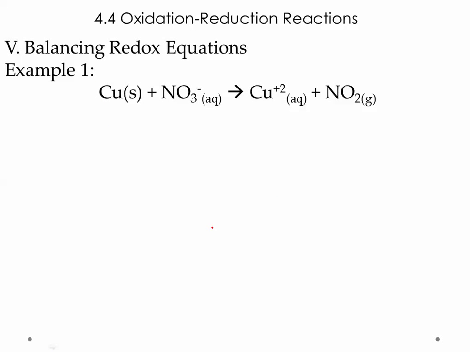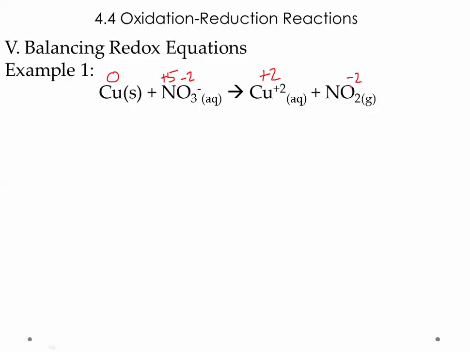So here's the redox equation that we're going to do. First thing we're going to do is figure out what's being oxidized and what's being reduced. We have copper as an element, so it's got an oxidation number of 0. Oxygen here is -2. It's got an overall charge of -1, so nitrogen must be +5. Copper's +2 here.